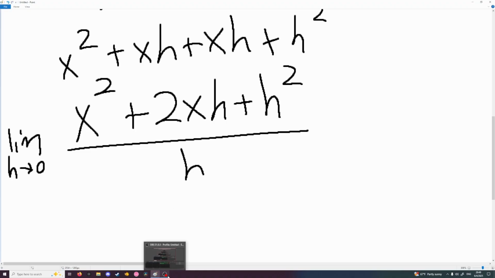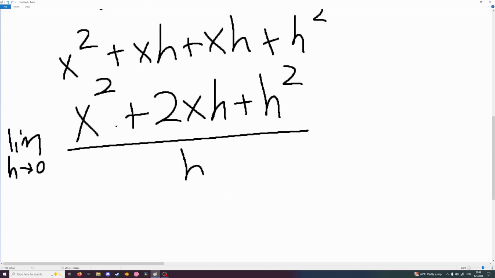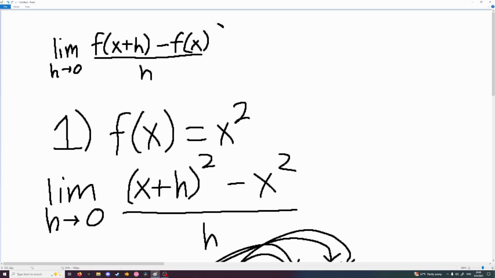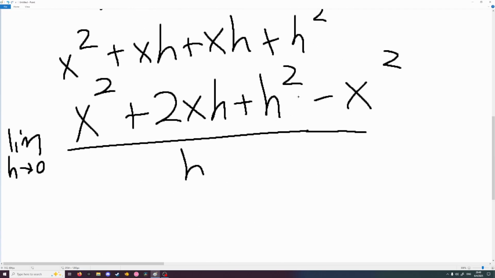I'm still inexperienced in math, so I just gotta make sure. I also forgot to write, we have the minus x squared here, because we gotta write that part of the definition, right? And we also have it right there too. I just forgot to write it down.